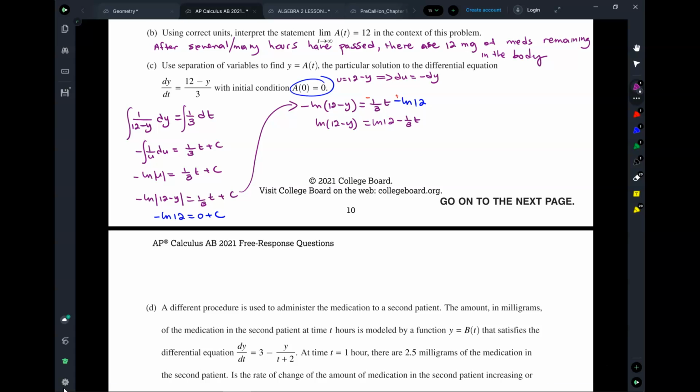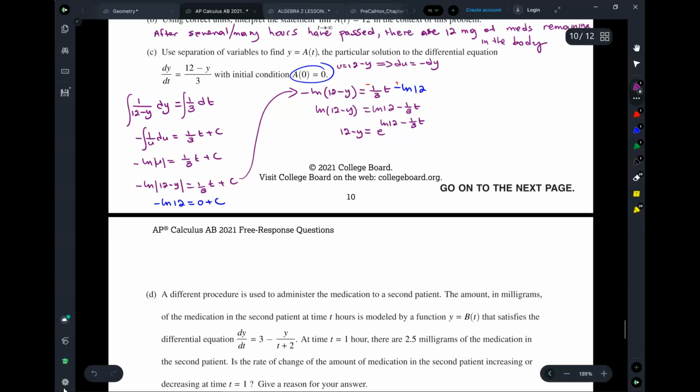Raise everything as an exponent of e. So 12 minus y is e to the ln of 12 minus 1 over 3t. And so what does y equal? 12 minus e to the ln of 12 minus 1 over 3t.